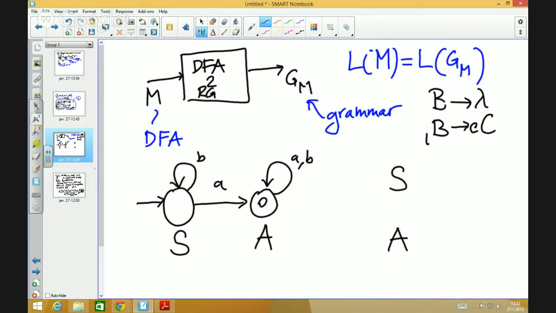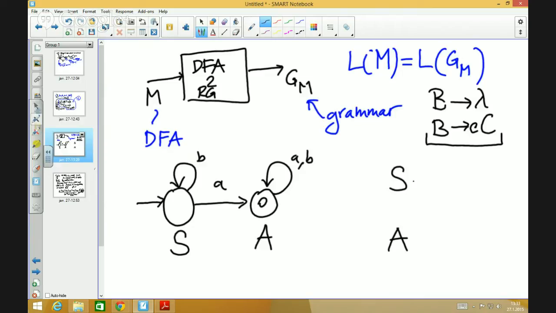Now, if you look at these types of productions, what do they look like? I'm in B. If I see a small c, I go to capital C. This looks like a transition, doesn't it, in the automaton? So why don't we turn every transition in the automaton into a production of my grammar?